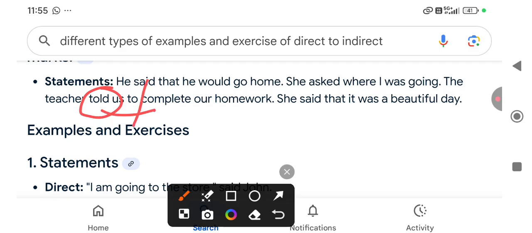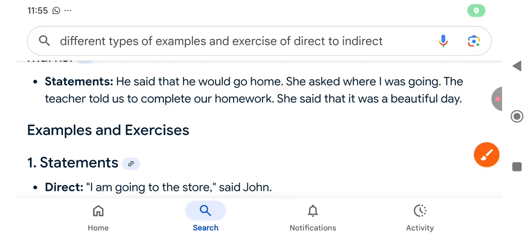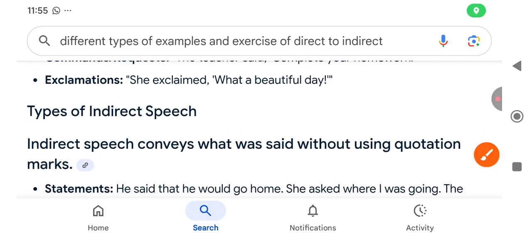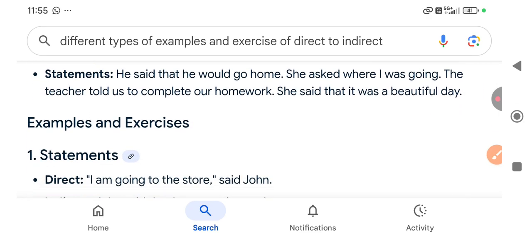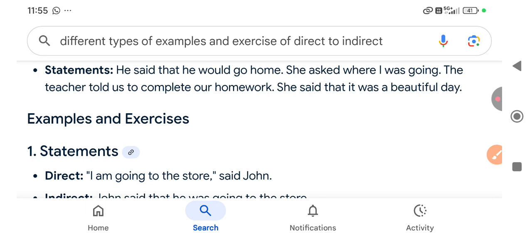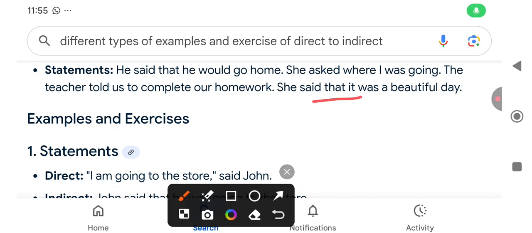You just have to put to, and then complete your homework, complete our homework, right? And the last sentence is an exclamation. She exclaimed, what a beautiful day. She exclaimed that it was, that is a conjunction, that, and then what a beautiful day. So it was, right?